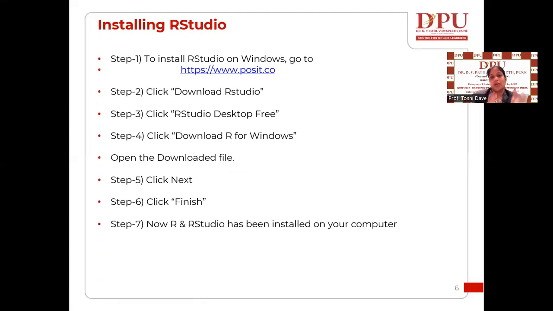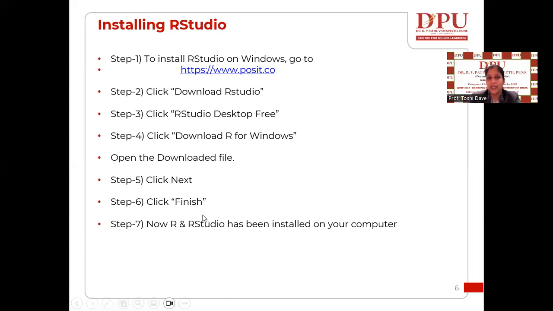Now, for a proper or more interactive interface, you are supposed to install RStudio. Okay, so the steps to download RStudio are: you have to go to the website posit.co. Okay, from there you can download RStudio. Because this is my desktop, I used RStudio Desktop free. Now, based on your OS, just make sure that you download the correct version. My OS is Windows, so I downloaded RStudio for Windows.